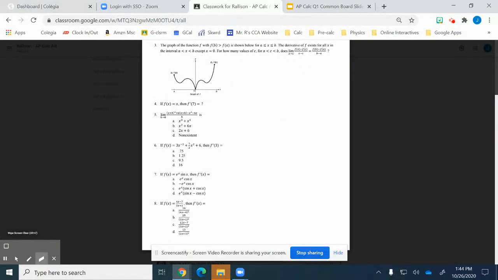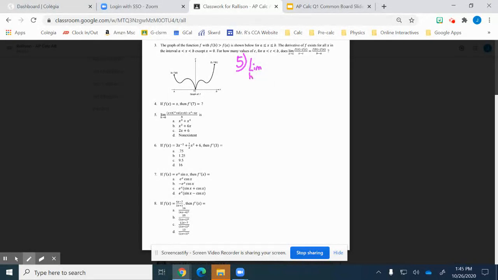Okay, now the next one, oh, this is a beautiful problem right here. This is number 5. We're doing the limit definition of a derivative on this one, where it's asking what this thing equals.